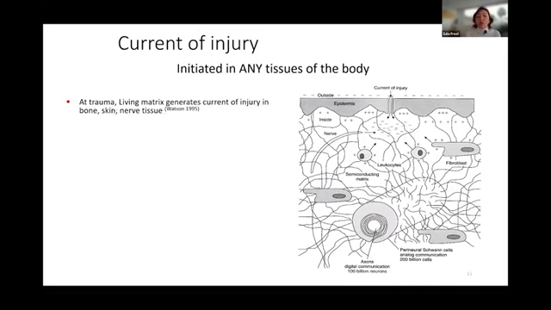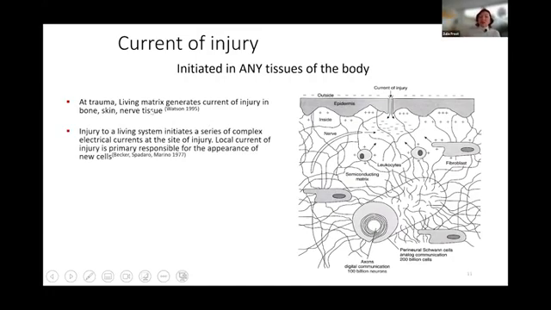It says a traumatized living matrix generates current of injury in bone, skin, nerve tissue. But actually, further in years, they proved that it's in every tissue. Injury to a living system initiates a series of complex electrical currents at the site of injury. Local current of injury is primarily responsible for the appearance of new cells.